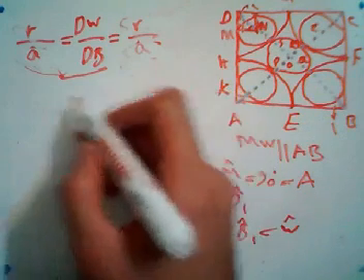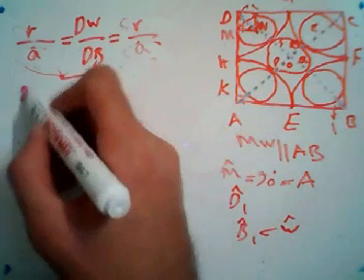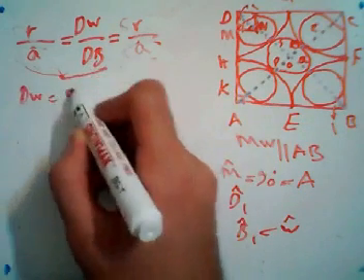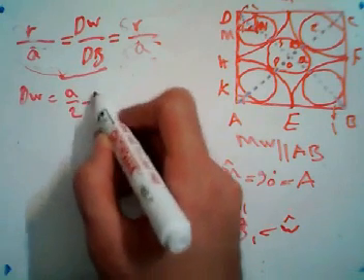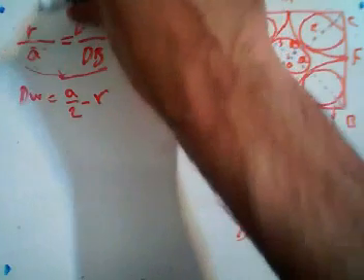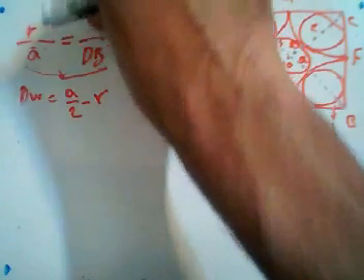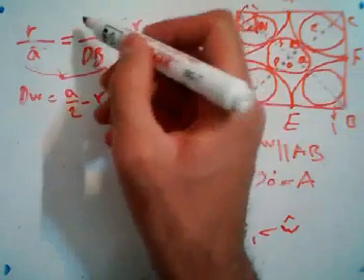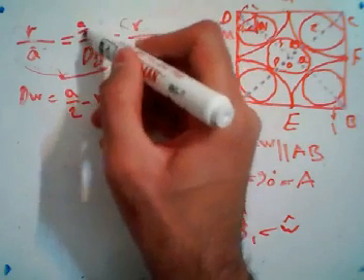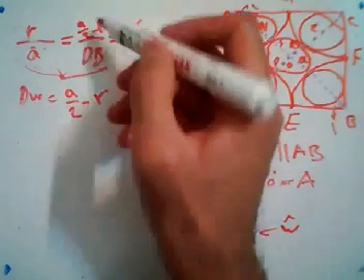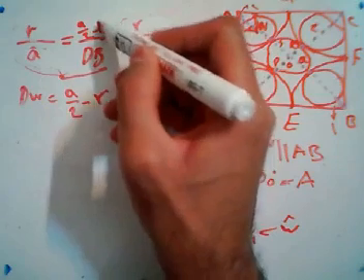So DW is A half minus R. So let's put it here: A half minus R.